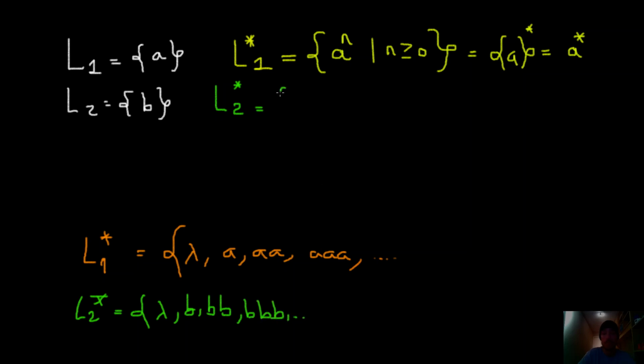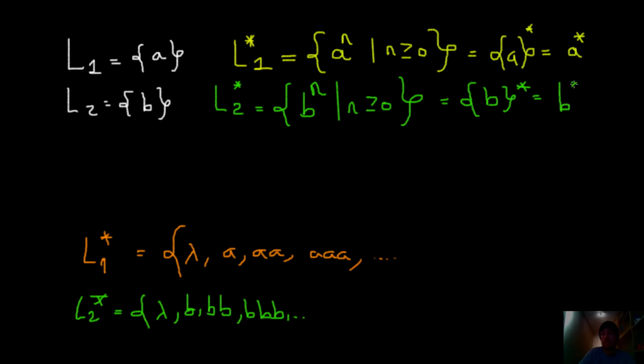So here we have all the possible combinations with the terminal symbol B, so B raised to the power of n, such that n is again greater than or equal to 0. This is the definition of the Kleene closure applied to a language with only one terminal symbol. This is the same as applying the Kleene closure to the language B, which is the same as applying the Kleene closure to only the terminal symbol B.